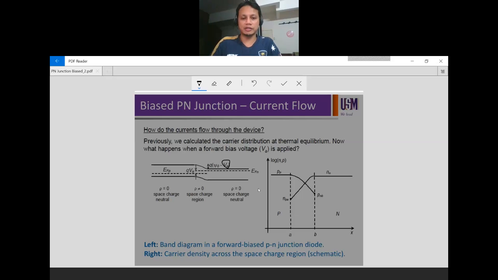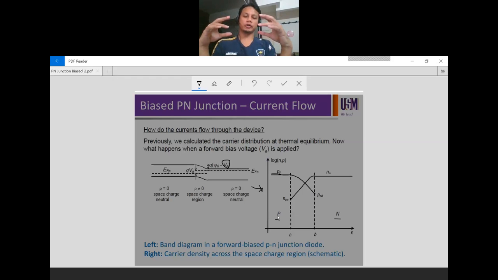So now what happens to the carriers? Let us look at the right diagram. The y-axis is the density of carriers across the PN junction, and the x-axis is the distance across the PN junction. Note that the left hand side is p type and the right hand side is n type, so the majority carrier in p type is hole, right?